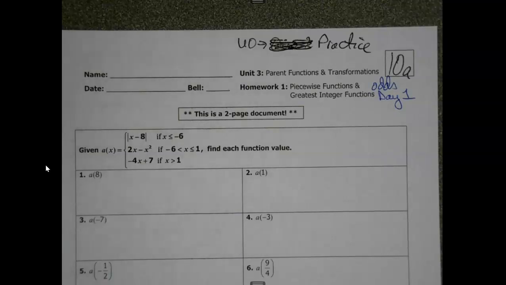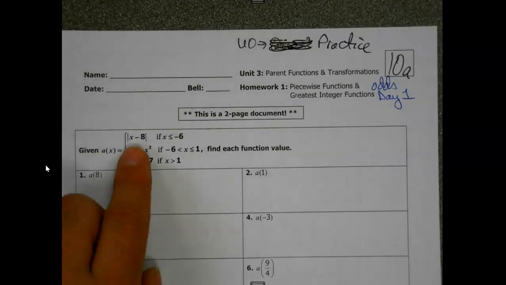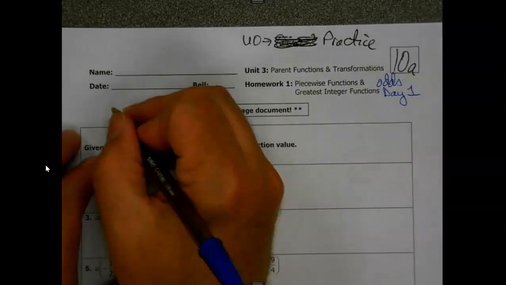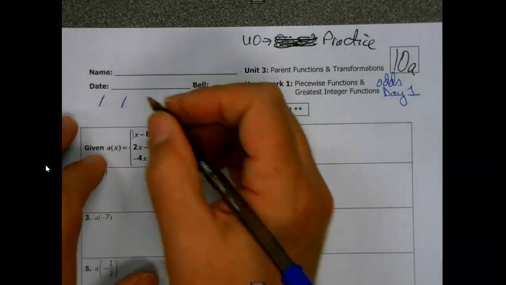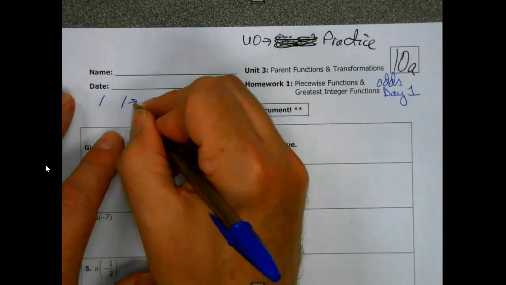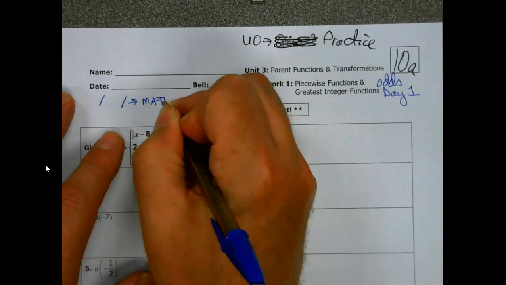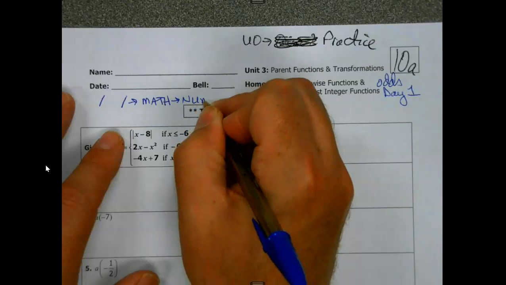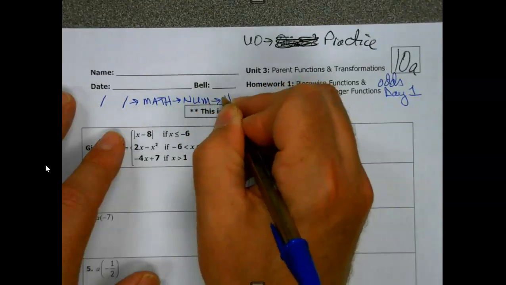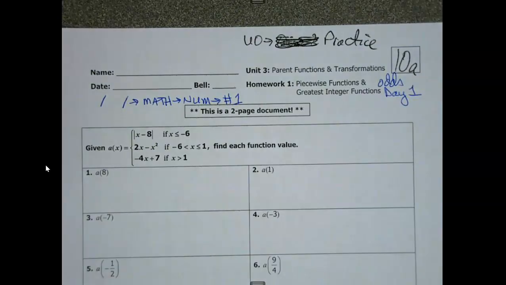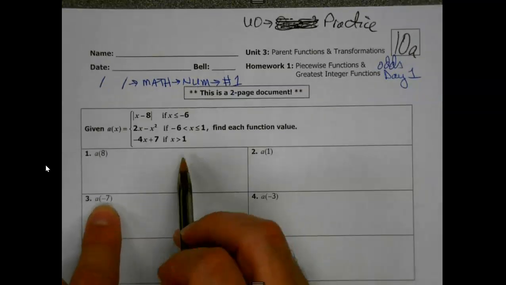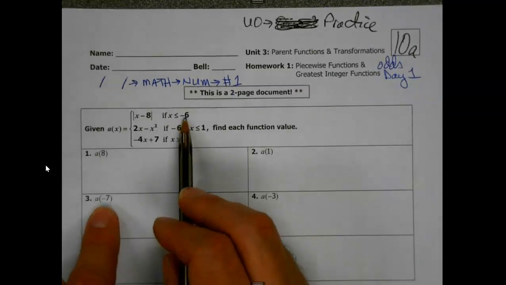I will mention one thing, because I noticed there's an absolute value on here. We hadn't talked about that. If you're on a calculator and you're trying to get absolute value, reminder, that's going to be the math menu. And then we move over to num and do number 1. But I think, to be honest, if we were doing number 3, -7 is less than or equal to -6.